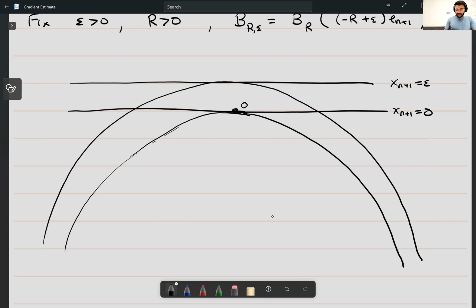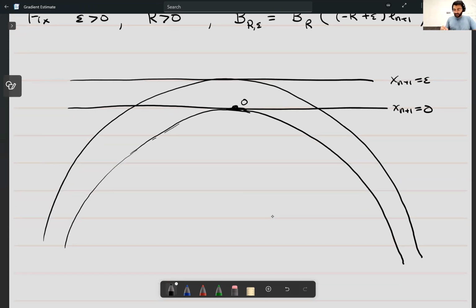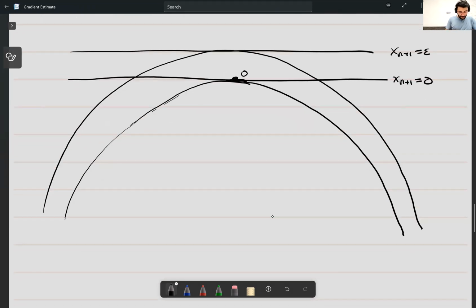So I take this B r epsilon and I evolve it for some amount of time so that I just touch 0. Now I know that M at 0 is an element of M0J for all J, right? Because when we define the blow up, we made it so that this was true. So I know that M intersects this point.